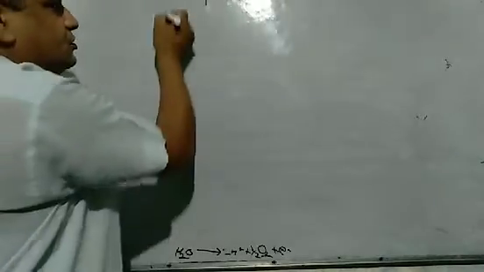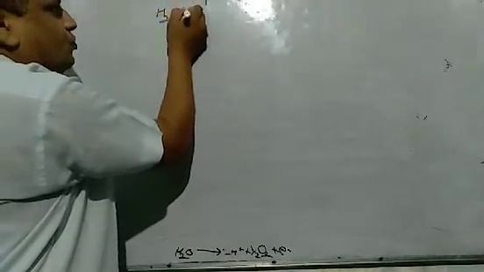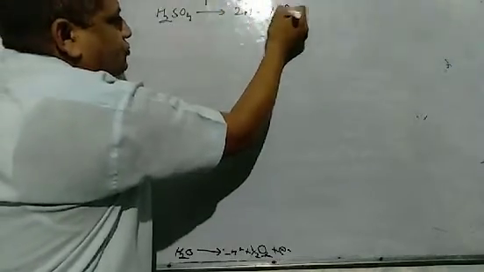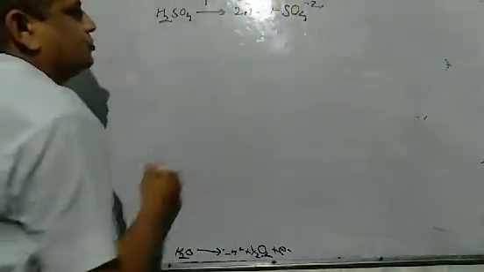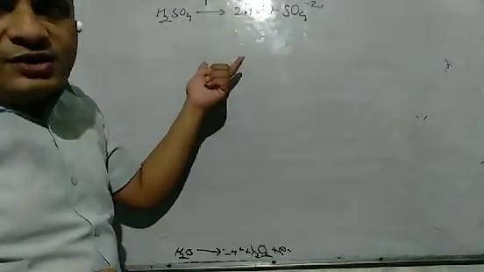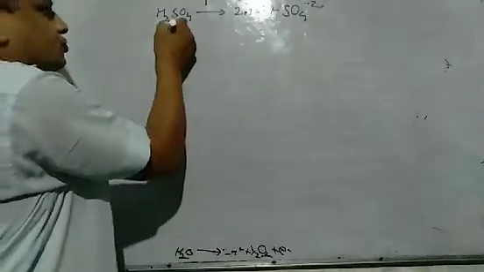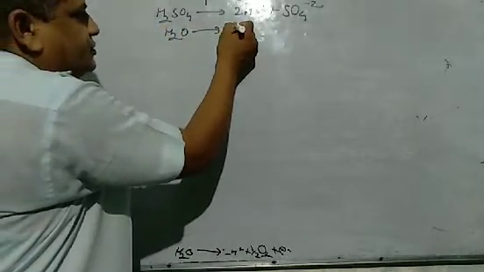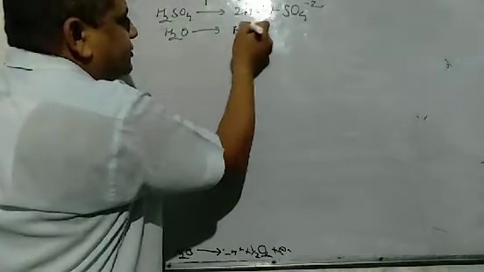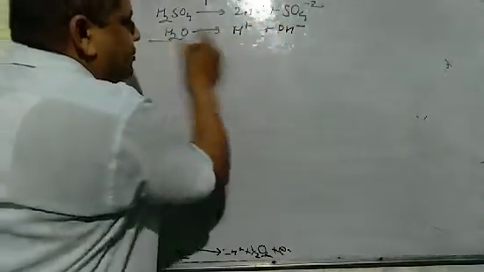Sulfuric acid, H2SO4, gives 2H+ and SO4 2-. Since in sulfuric acid water is also present, this also dissociates as H+ and OH-.